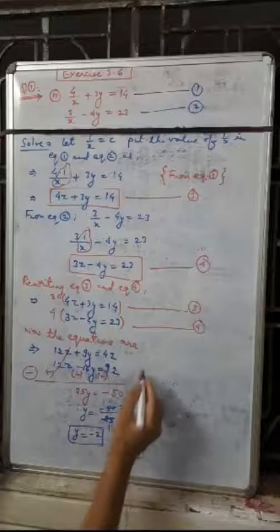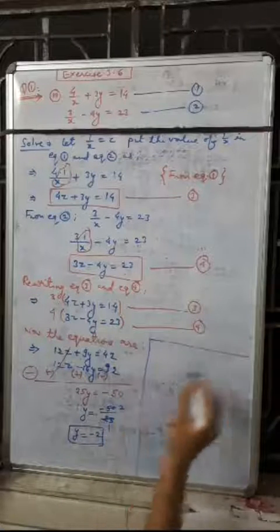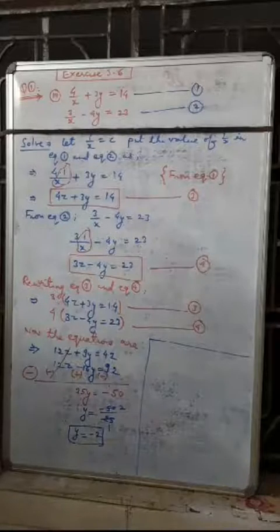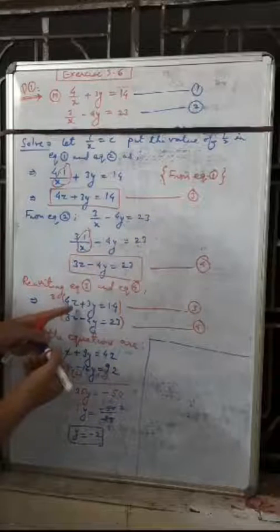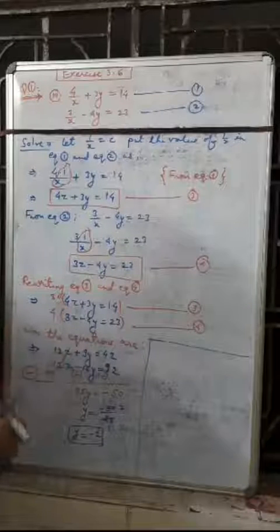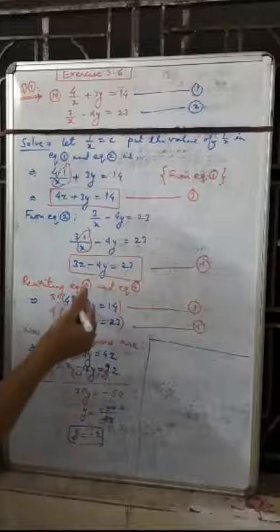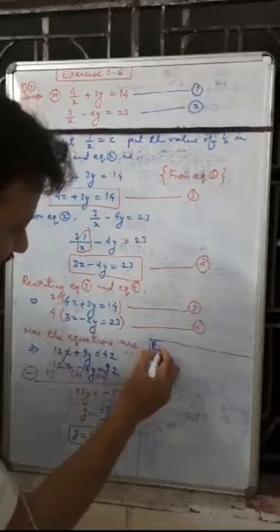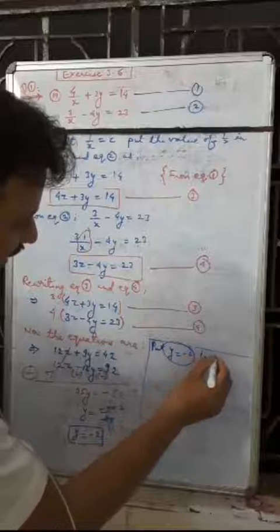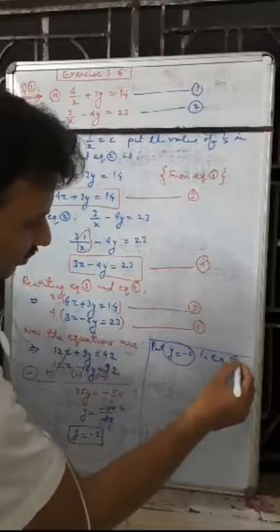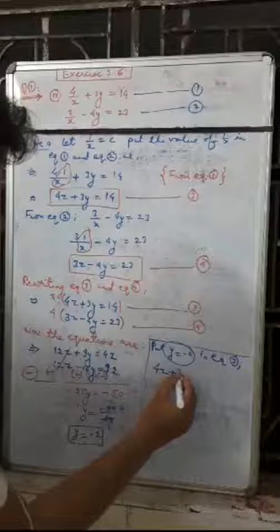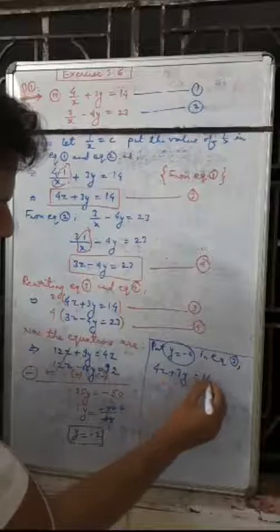Now put the value of y in equation number 3 or 4, whichever you like. Suppose this equation is simpler than the other, so we can put the value of y in equation 3. Put y is equal to minus 2 in equation 3, and we can get the value of z. So 4z plus 3y is equal to 14.